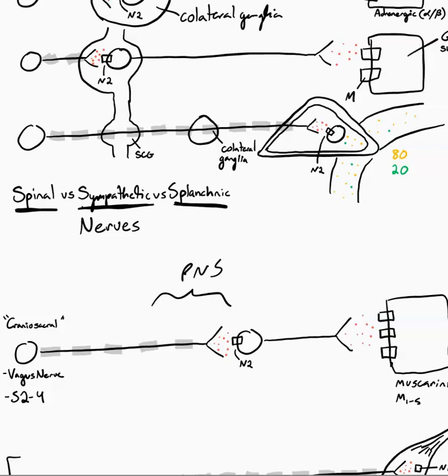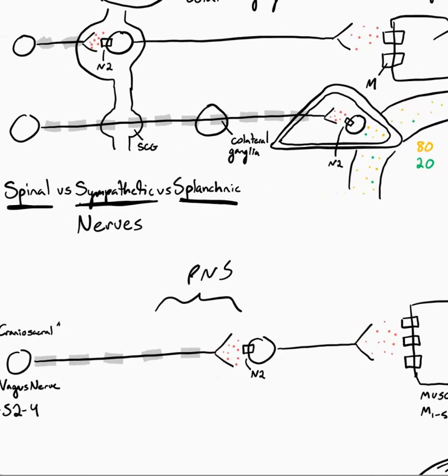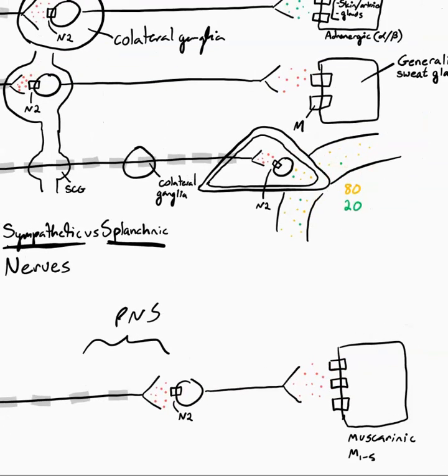But for the adrenal medulla, the nerve that leads to the adrenal medulla goes through both the sympathetic chain ganglia and the collateral ganglia and leads to the adrenal medulla without synapsing in either.